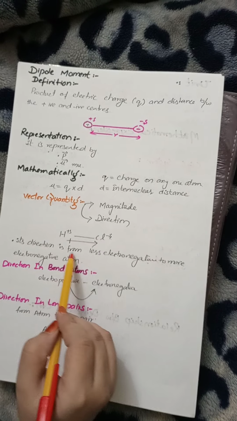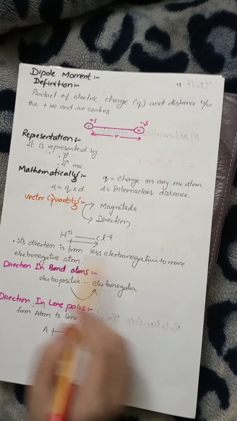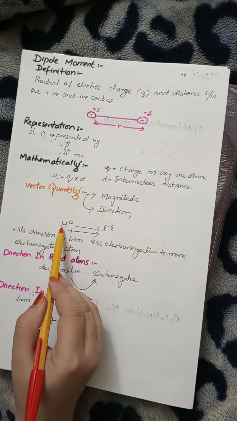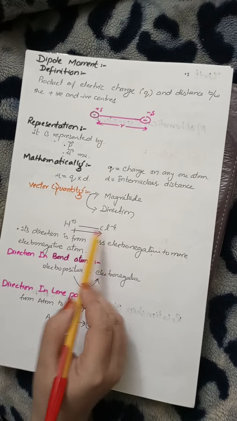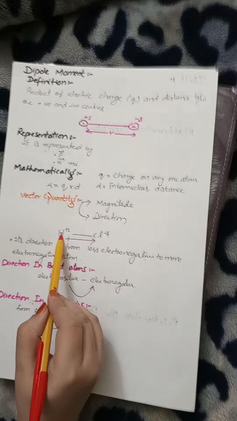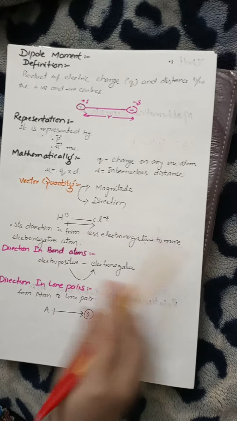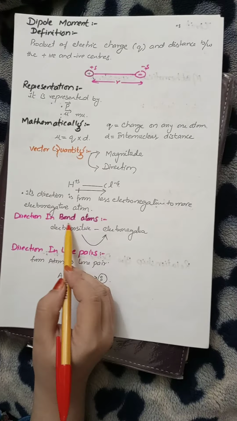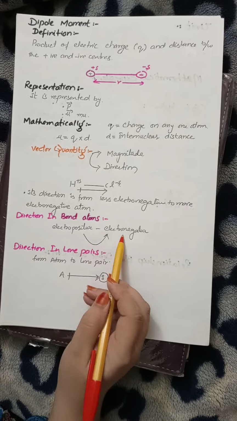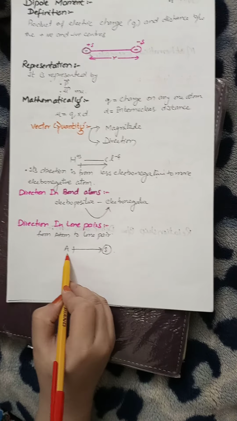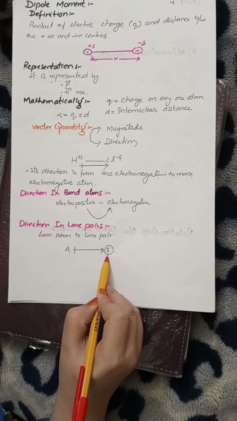Its direction is from the less electronegative to the more electronegative atom, like from hydrogen towards chlorine. So the tail will be towards the H side, and the arrow will be towards the electronegative chlorine side. In a bond, the direction is from electropositive to electronegative, and for lone pairs, the direction is from the atom to the lone pair of electrons.